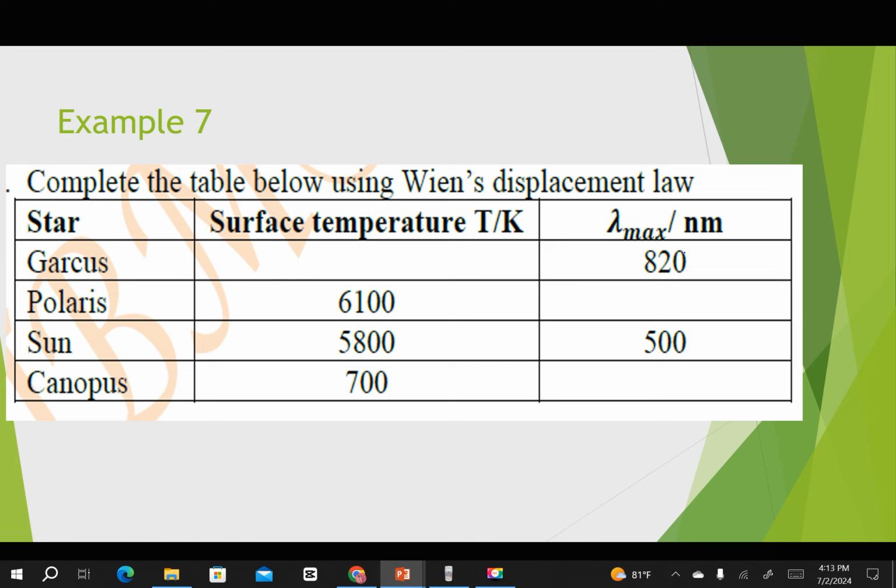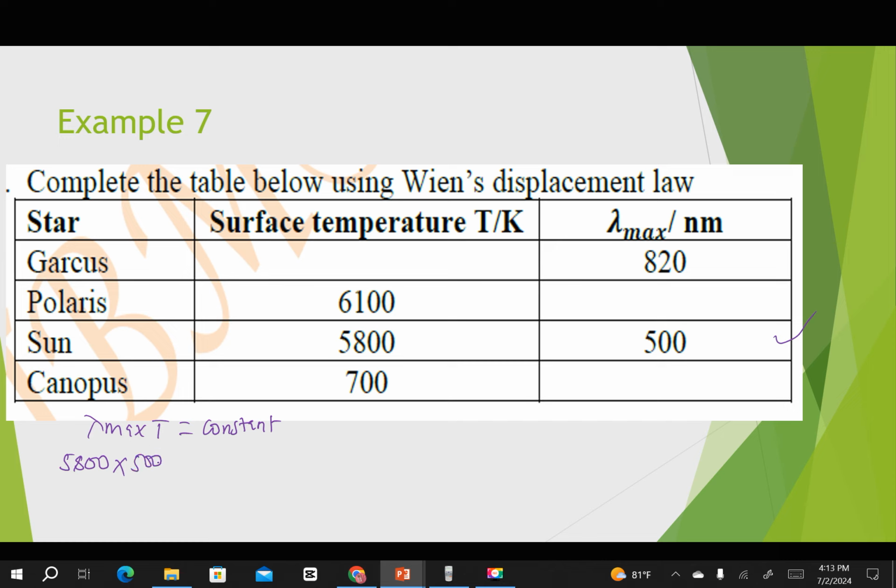I'll use this as the reference. Remember, lambda max times T is going to be equal to a constant. So my constant is going to be 5,800 times 500.